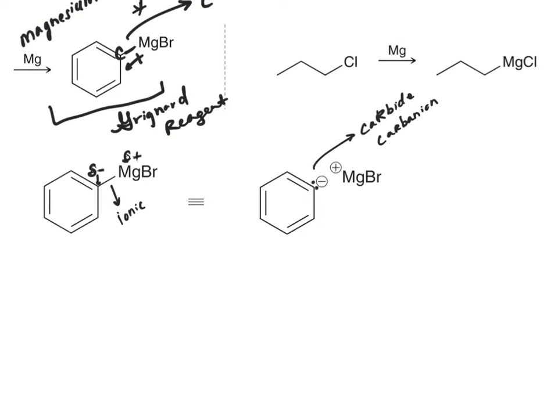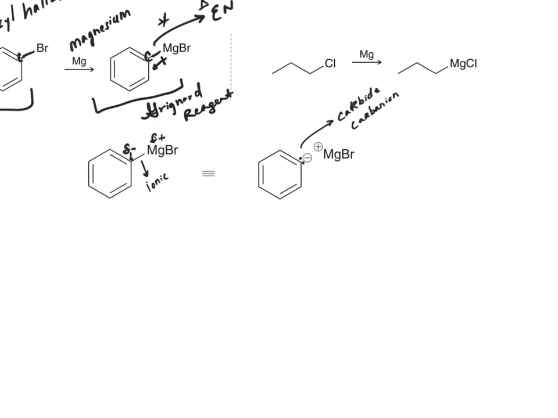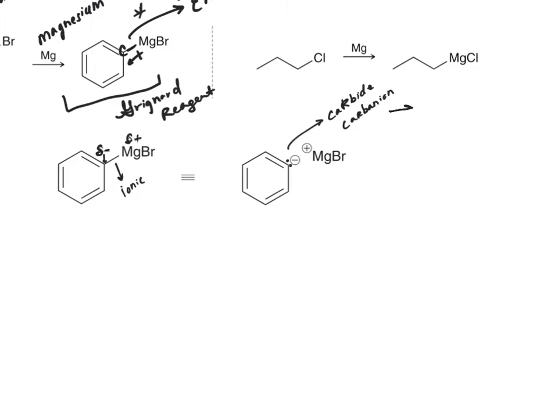And again, anytime you have a negative charge, especially on something like carbon, it's extremely reactive. This is going to be a very strong nucleophile. It's also a very strong reducing agent. And very similar to the hydride, it's also a very strong base, right?